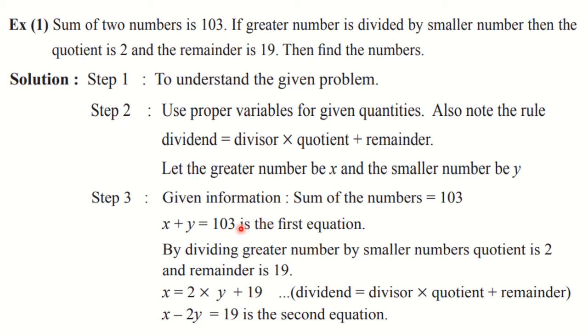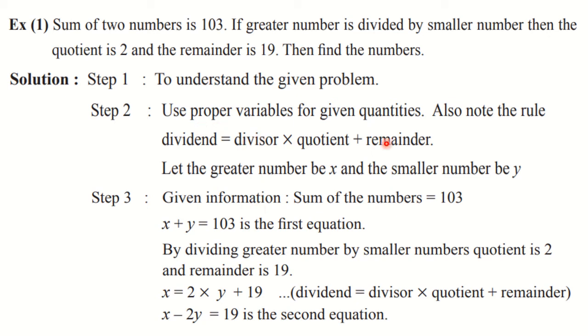Now, as I have said, the greater number is divided by the smaller number, then the quotient is 2 and the remainder is 19. So we have to make use of this formula. Dividend means greater number, so that is x. Divisor is what? y. And quotient is 2. So divisor into quotient plus remainder is 19.